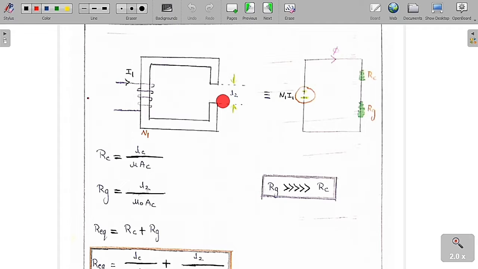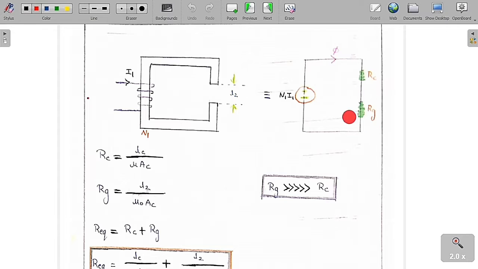I have already told you that the flux flows through these two mediums in series. Both are connected in series fashion because the flux is the same in the magnetic core and also in the air. So I assume two things: RC, the reluctance of the core, and RG, the reluctance of the air gap.